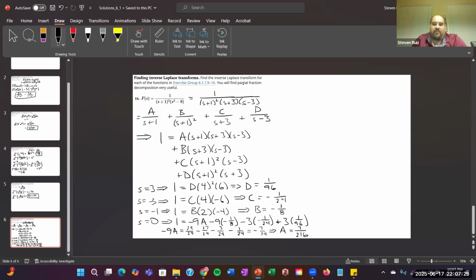So now we can rewrite our partial fraction here. So 7 over 216 all over s plus 1, plus or minus 1 over 8 all over s plus 1 squared, minus 1 over 24 all over s plus 3, plus 1 over 96 all over s minus 3.